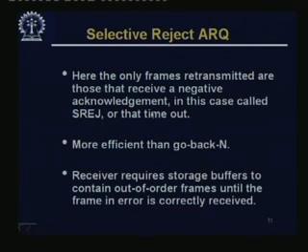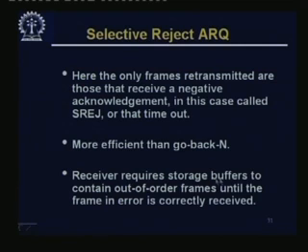Of course, if an acknowledgement does not come and it times out, the frame has to be sent again, because it might have been lost altogether. Otherwise only those frames which get a specific negative acknowledgement are sent again. So this would naturally be more efficient than go back n.